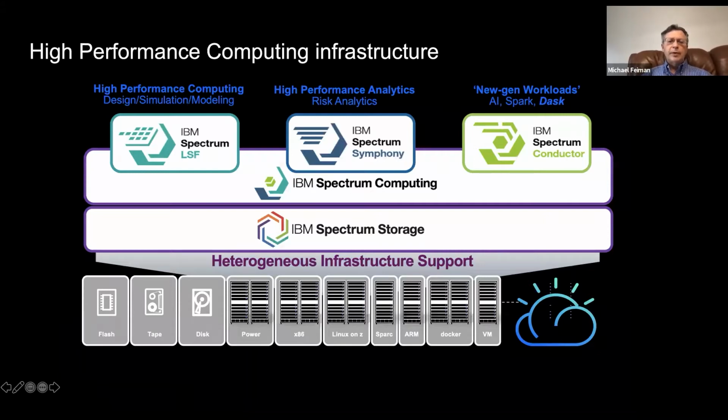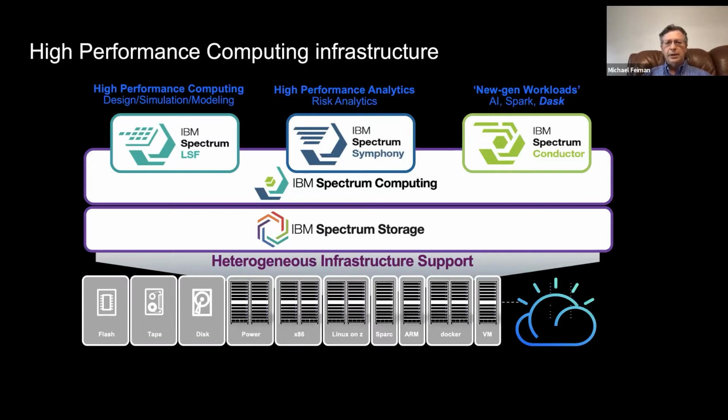This is a very generic diagram of our grid architecture, where we have heterogeneous on-prem or in-cloud hosts. We provide the Spectrum Computing resource management layer, optionally storage, and then on top we onboard different workload management frameworks.